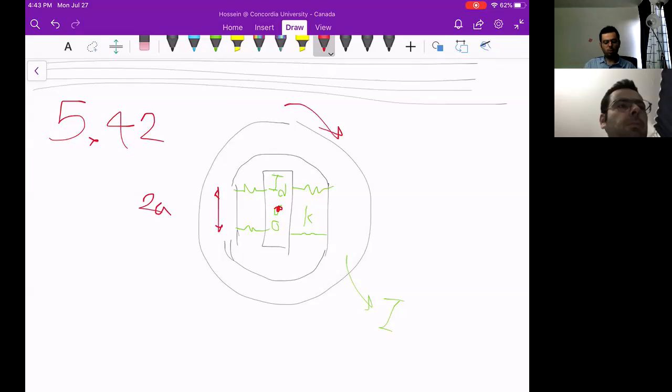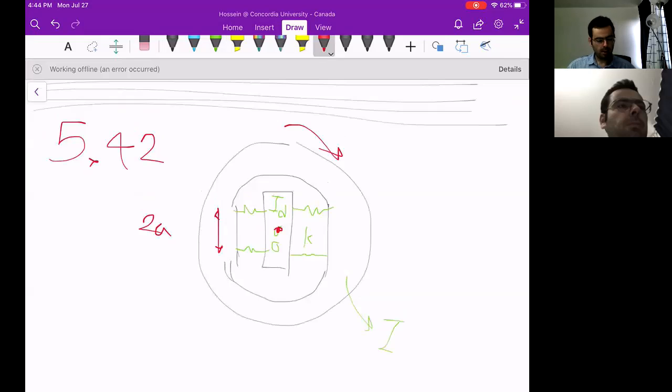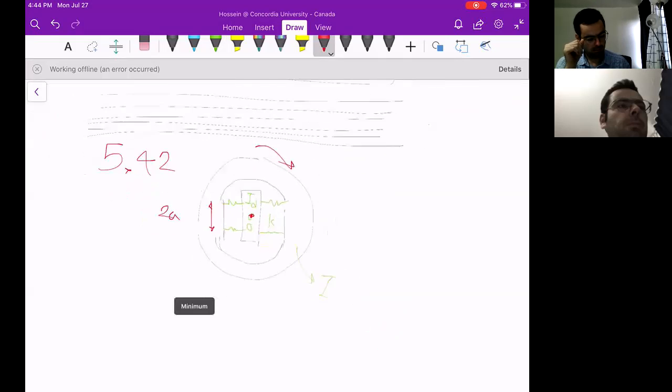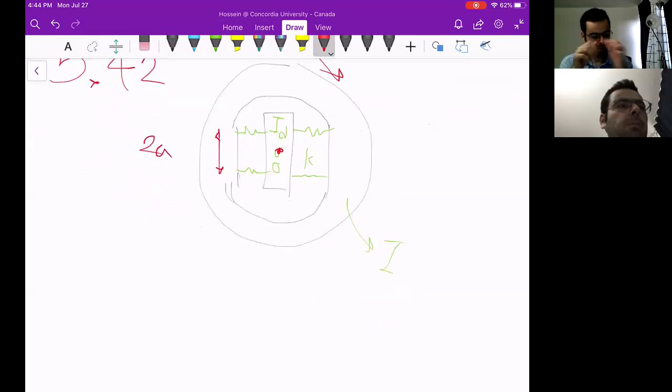There are basically 2 rotating masses that can rotate independently. Therefore, we are facing a 2 degree of freedom system.